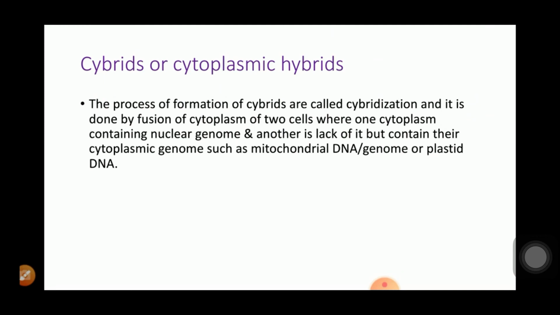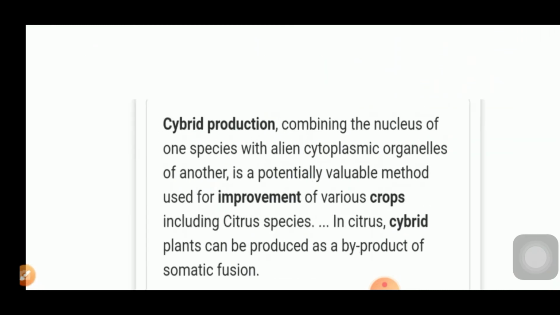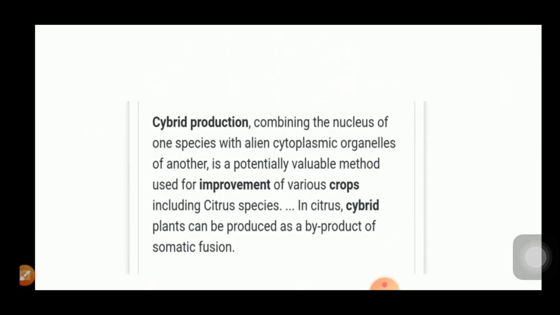In that case, the cytoplasm from the male gamete cells is taken out and fused with another gamete or another cell to produce the desirable traits. It is more importantly useful in the transfer of some cytoplasmic traits like herbicide resistance, drought resistance, salt resistance, etc. So this is about the use of cybrid production already given here.